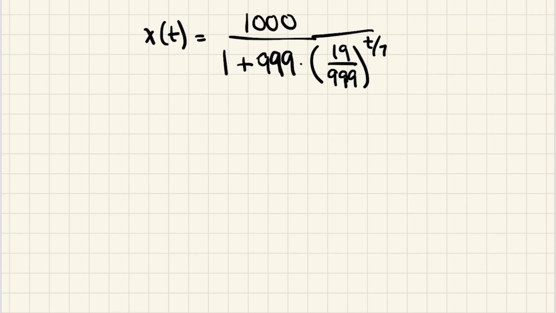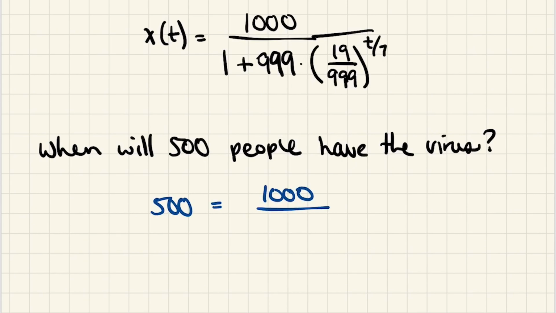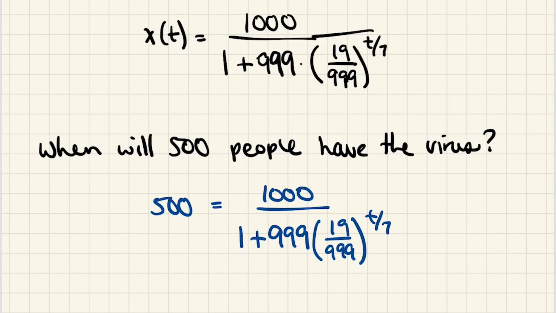Okay, so now we can answer a question like, when will 500 people have the virus? So this is a question where we solve for t. So we have 500 equals 1,000 divided by 1 plus 999 times 19 over 999 to the t over 7.